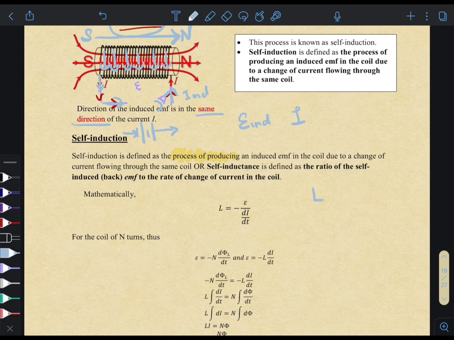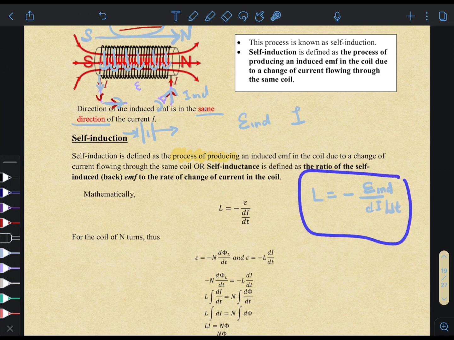Okay, self-inductance, kita guna simbol L, is equals to the ratio of the self-induced EMF. Okay, EMF yang kita induce ini self-induced EMF to the rate change of the current, dI over dt, rate change of the current.